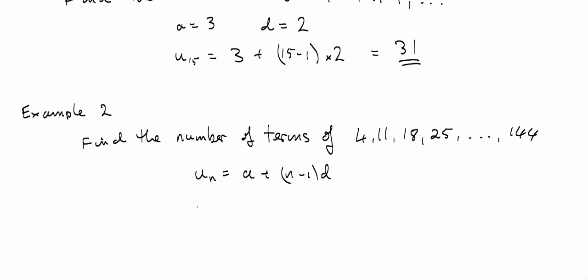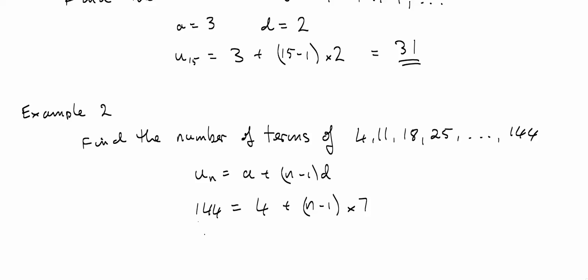So 144 equals a, that's 4, plus n minus 1 times the common difference, and we can see we add 7 each time to get the next term. 4 plus 7, 11, plus 7, 18, plus 7, 25.